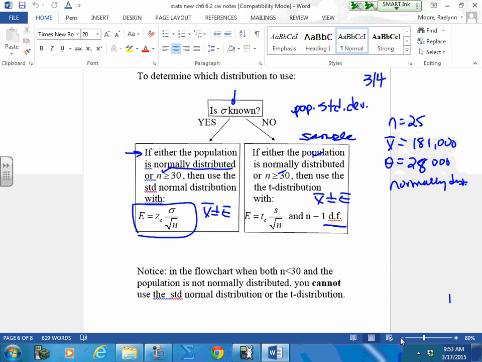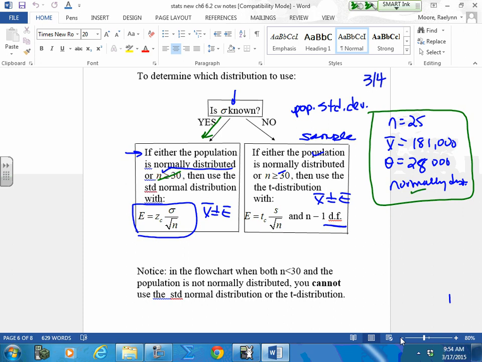So we walk through. Here's our information. Do we know the population standard deviation? Yes. So we're in this test. Is the population normally distributed, or is n greater than or equal to 30? Well, n is not greater than or equal to 30, but did they tell us it was normally distributed?